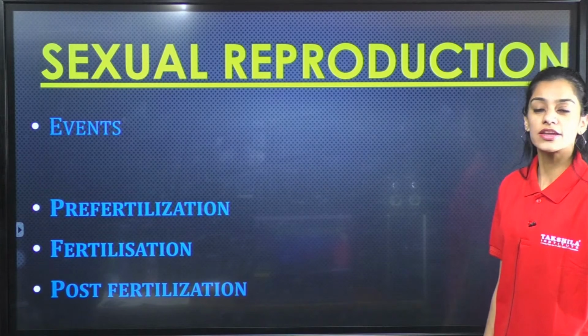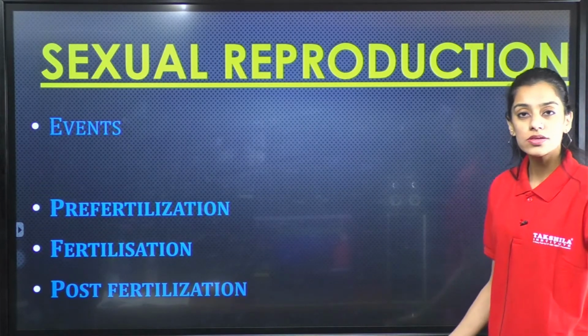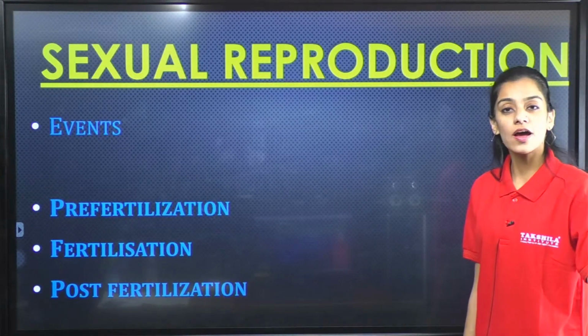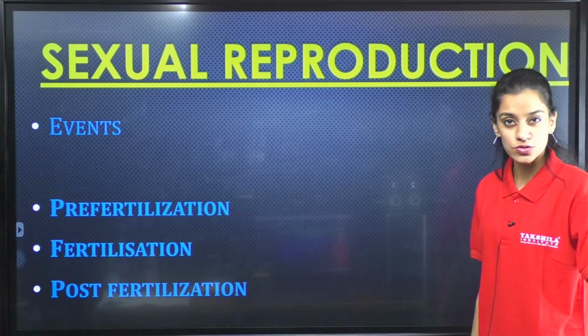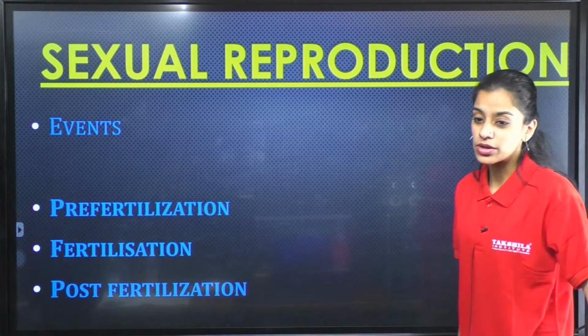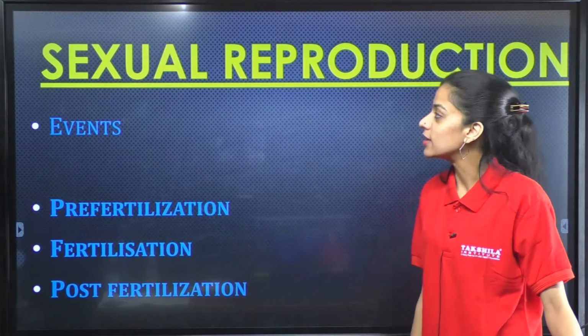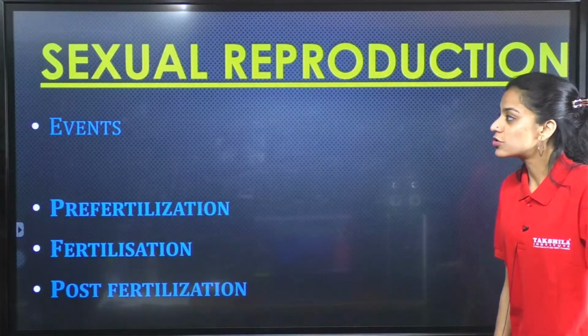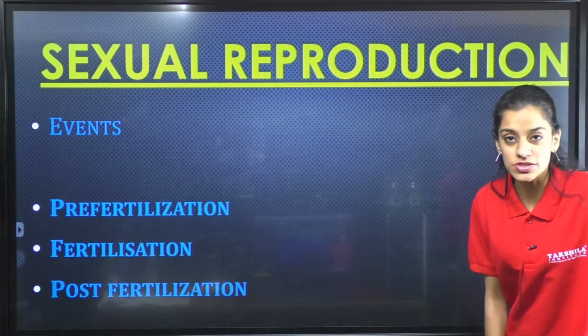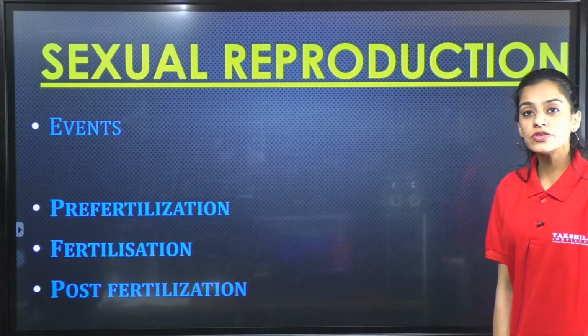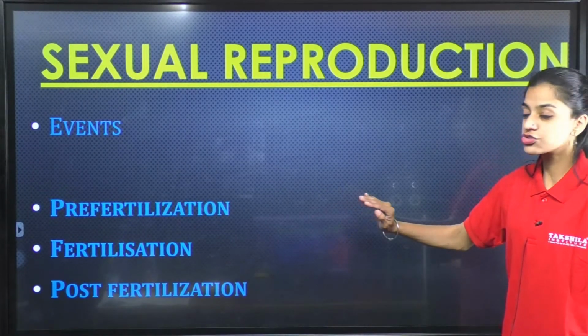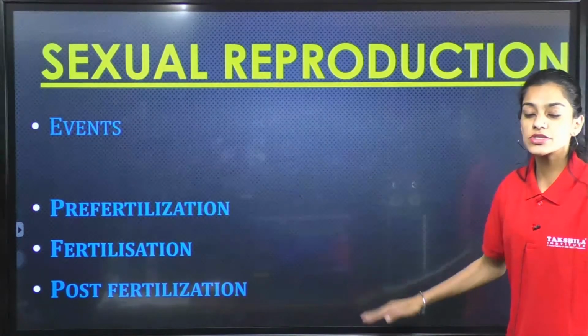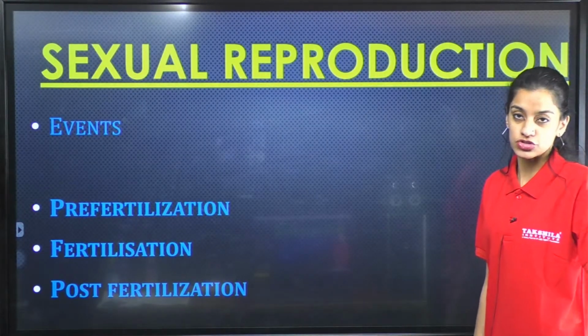We have discussed how it happens, what all is needed in the sexual mode of reproduction, how it is different from the asexual mode of reproduction and how it goes on. राइट सो लेट्स डिस्कस. सो सेक्सुअल रिप्रोडक्शन के इवेंट्स हम स्टार्ट करेंगे. Those events include the pre-fertilization events, fertilization events, and post-fertilization events.